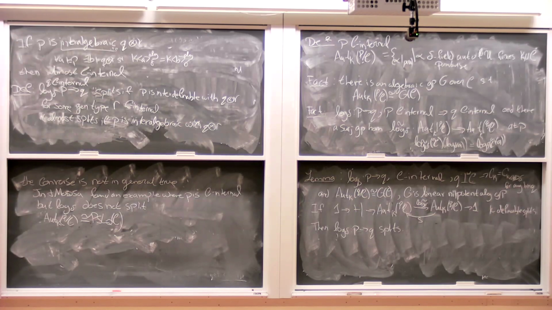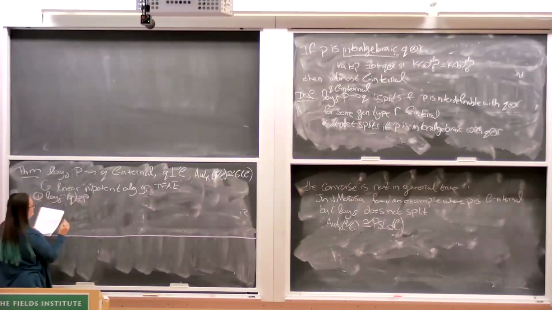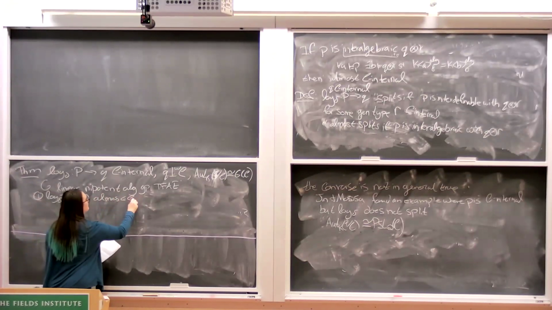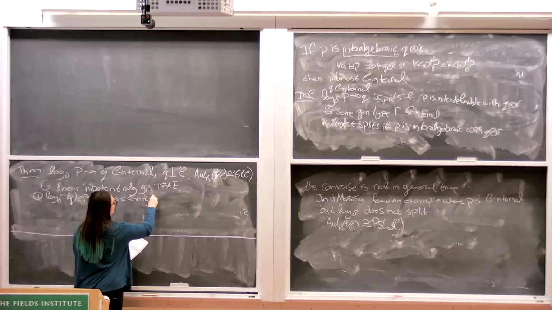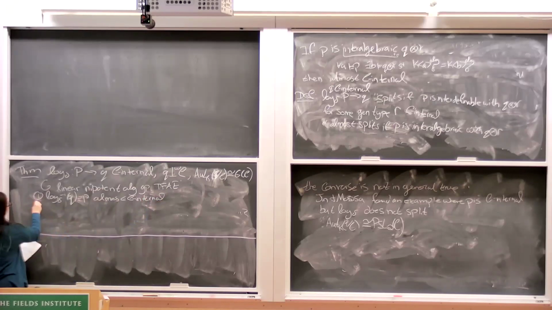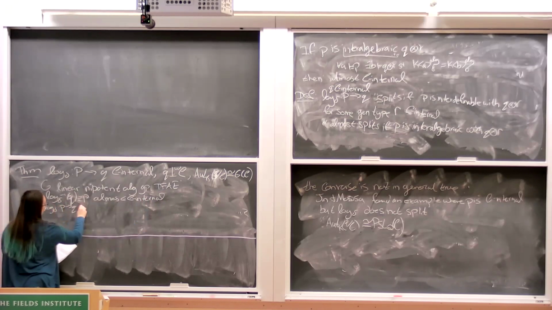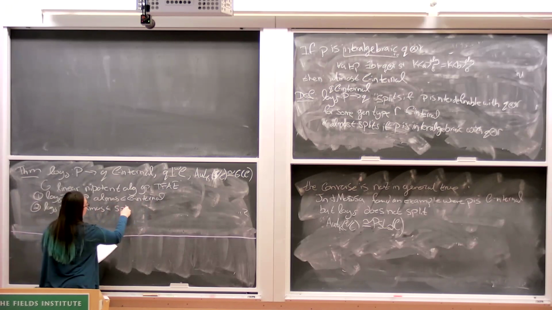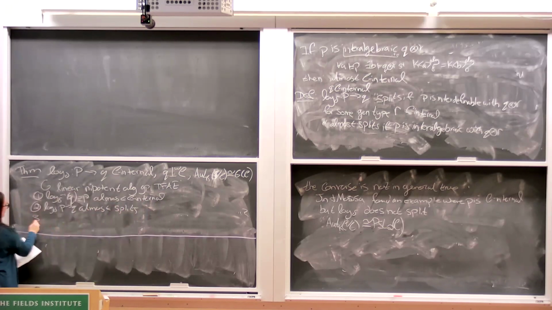So we have one, the log derivative map of Q at Q. So if we take this to be P, the pullback, this is almost C internal. If and only if the log derivative map from P to Q almost splits. And then the third condition is a more algebraic condition, which comes from Jin and Musa.